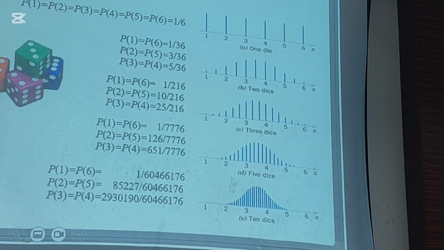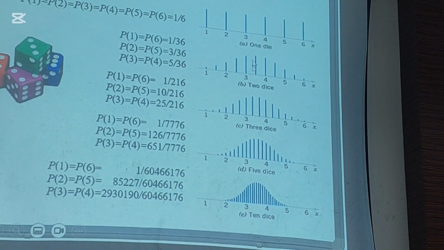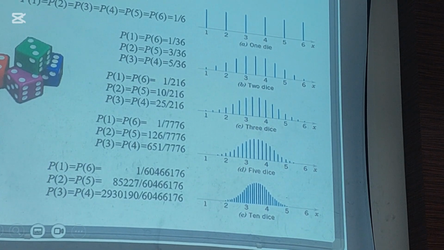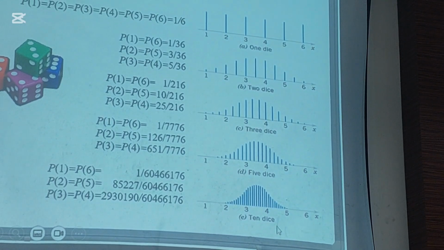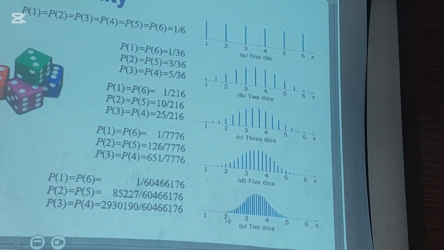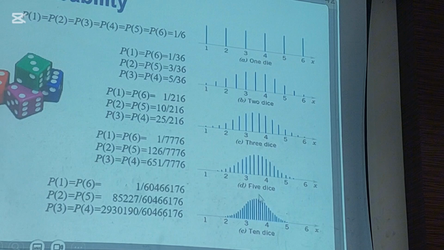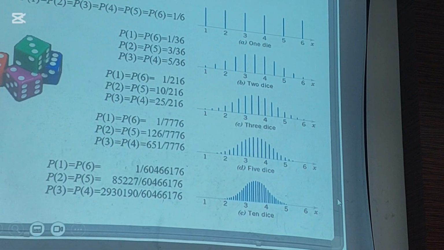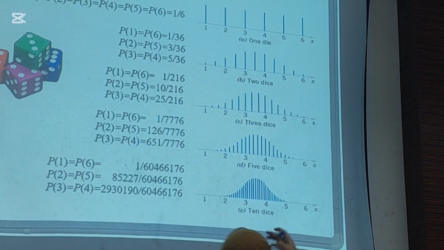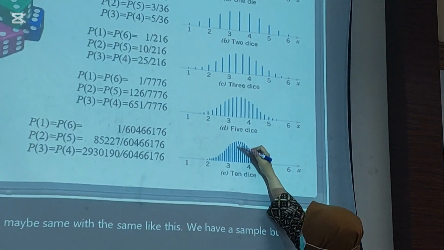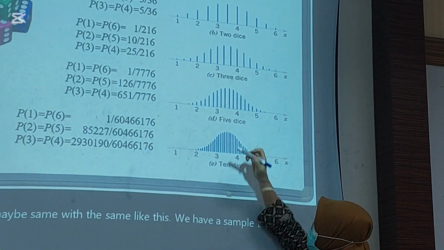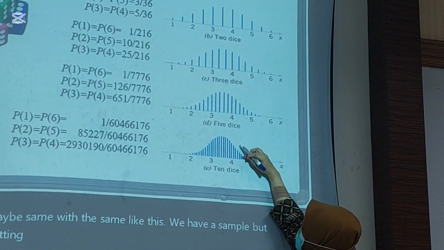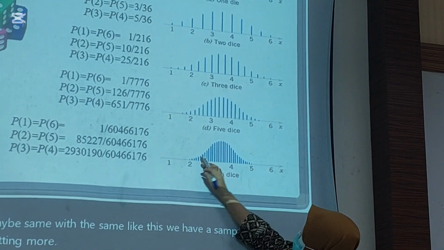So if we have more and more times, the shape may be the same like this. We have a sample, but this is more rigid, more compressed.